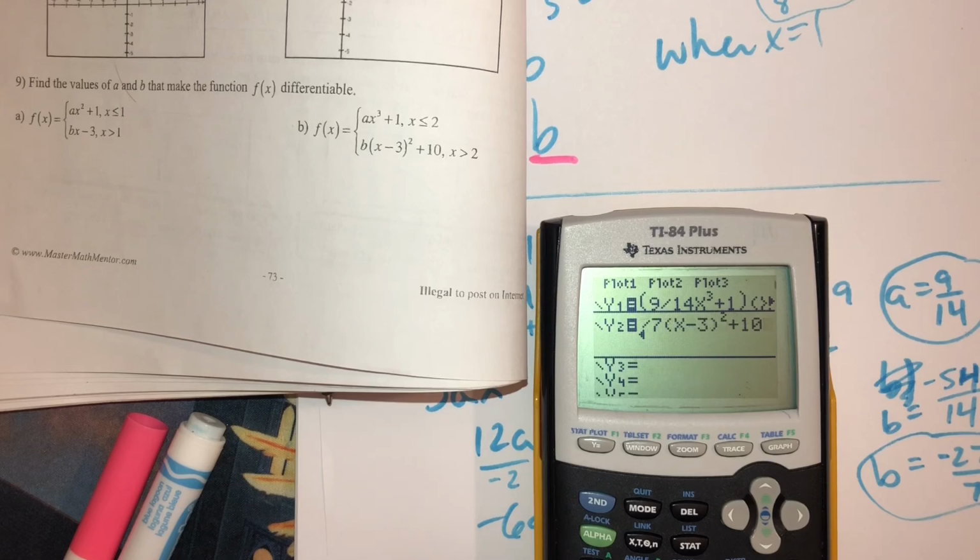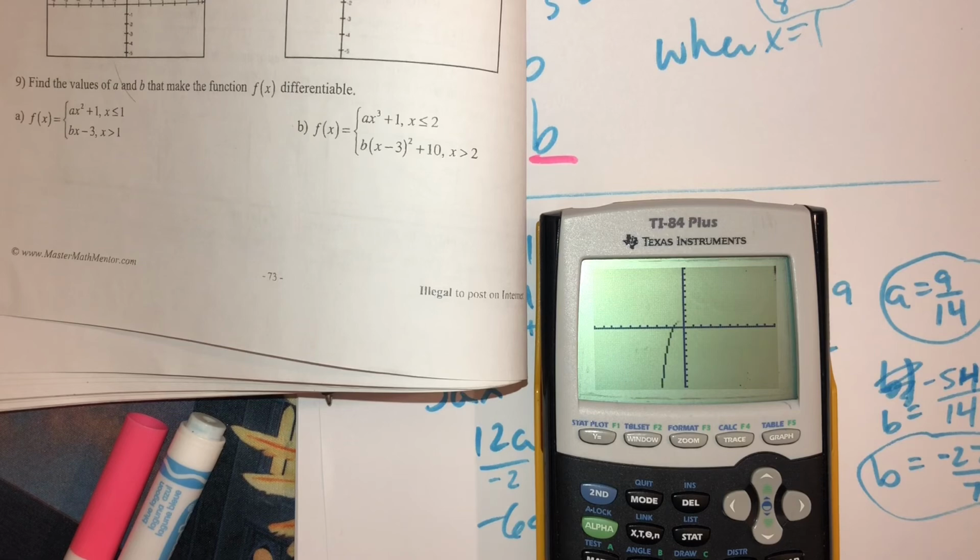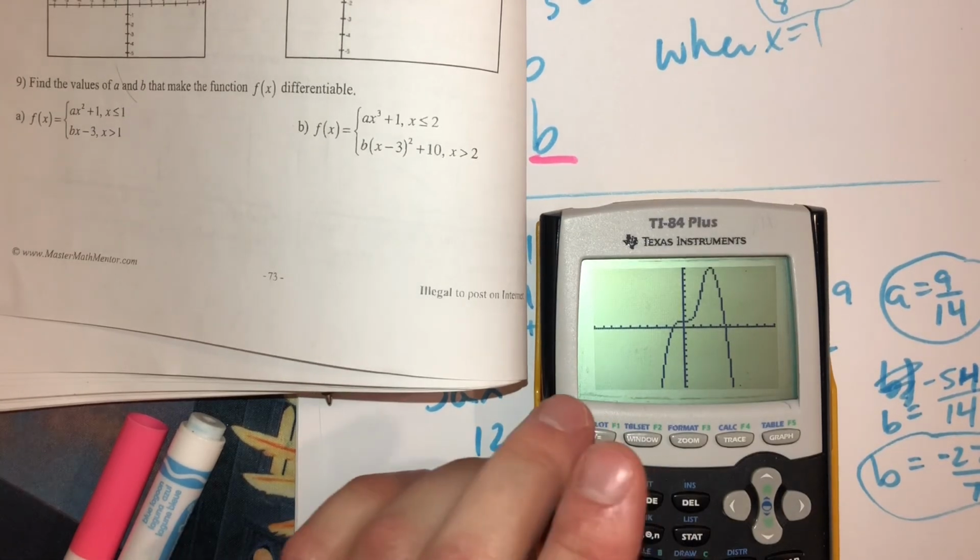It's a big mess, but theoretically, this should let us see if, I mean, wow. Yeah, that looks pretty good. So that's probably not the way I would really test it.